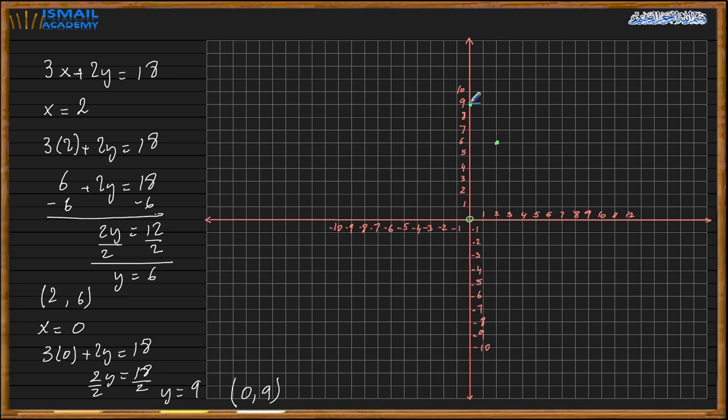I draw a line. And after that, I name that line: 3x plus 2y equals 18, and I add arrows. So this is how to graph a line using 2 points.